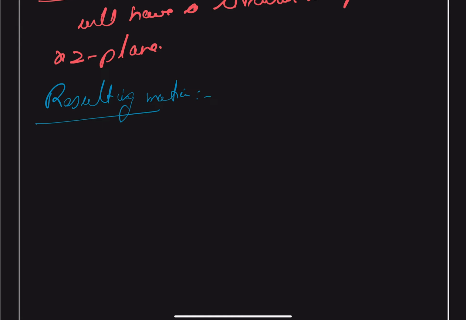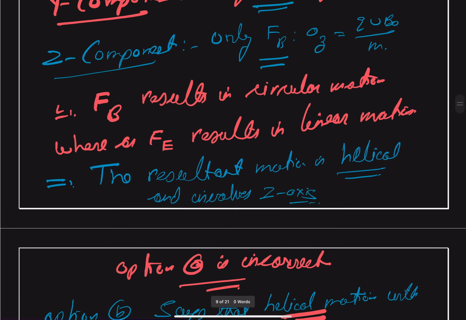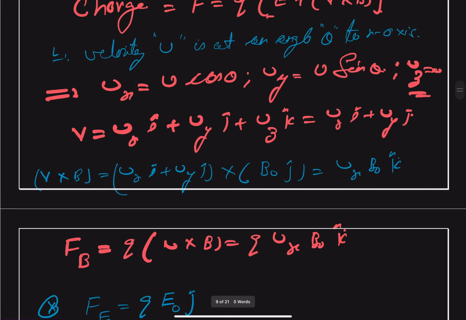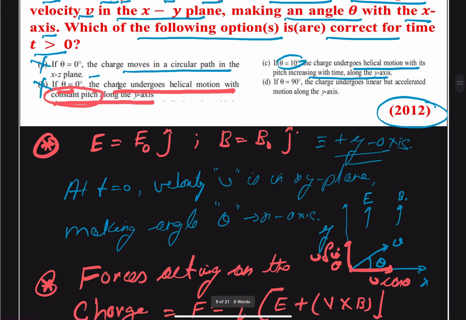Okay. So it means y velocity is continuously going to increase and the pitch is also going to increase. So option C that is given to us, yeah, the pitch is increasing. So this option is our correct one.